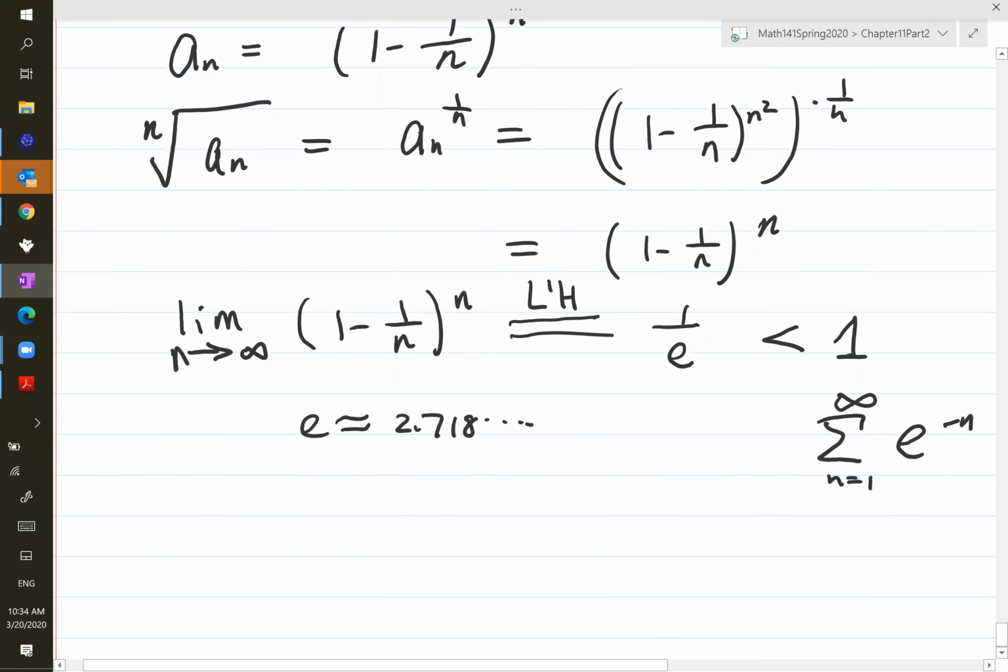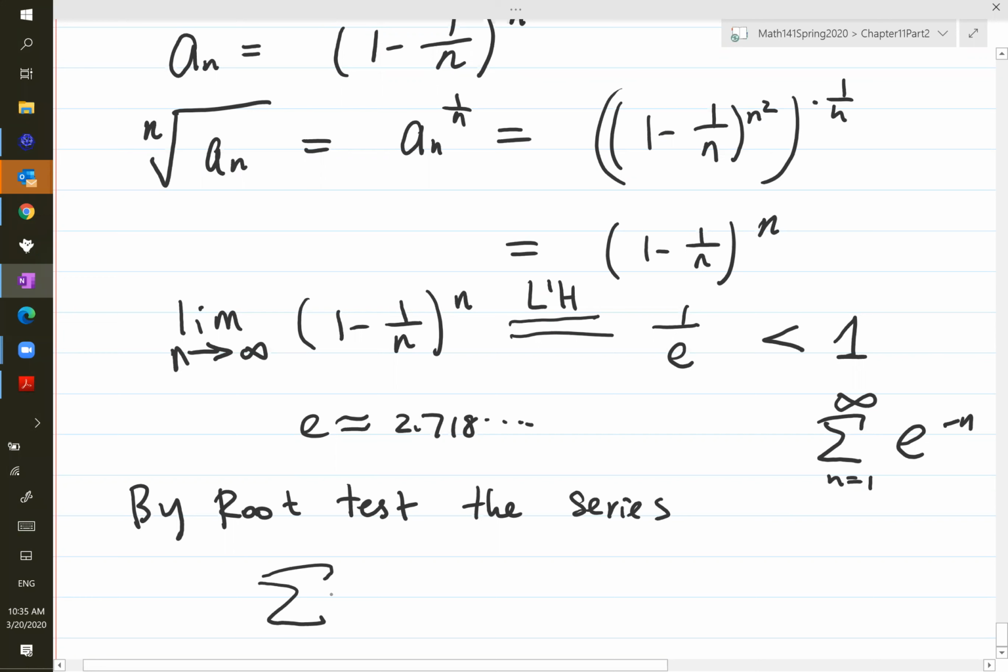So we can conclude that by the root test, the series converges absolutely. Converges absolutely, of course, implies converges. Then we are done for this series.